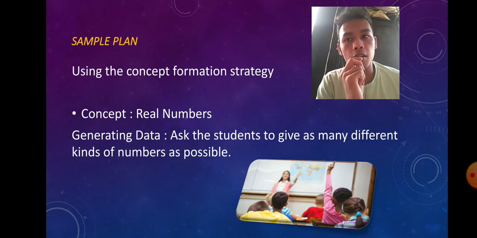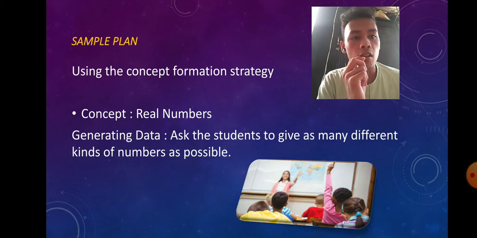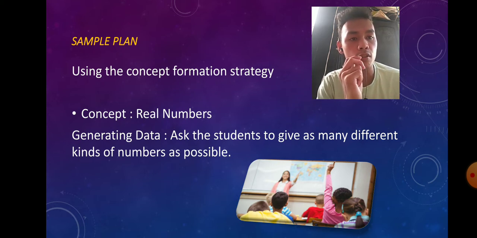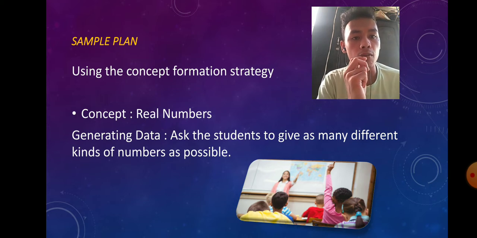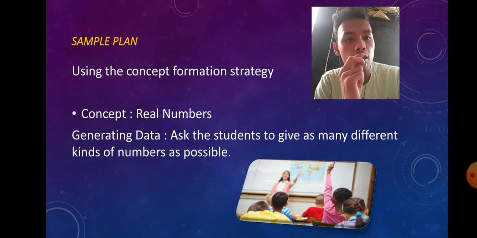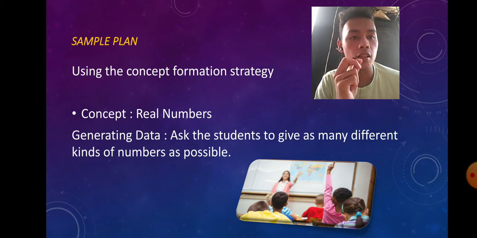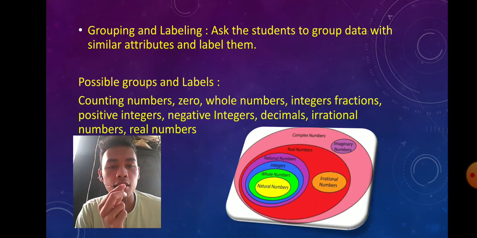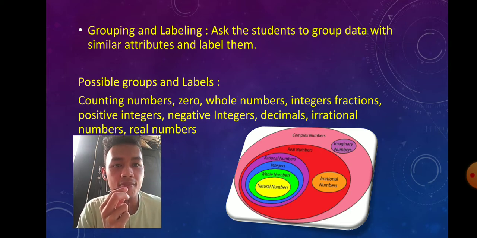After we say that to the students about real numbers, they may tell us what they mean about real numbers. They may give examples for the real numbers. Then let's proceed. Here, grouping and labeling.